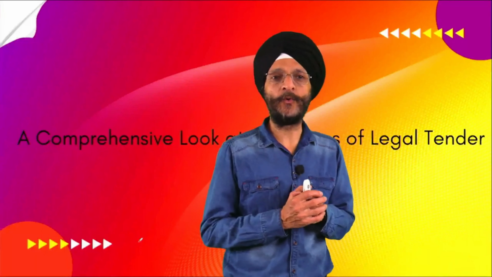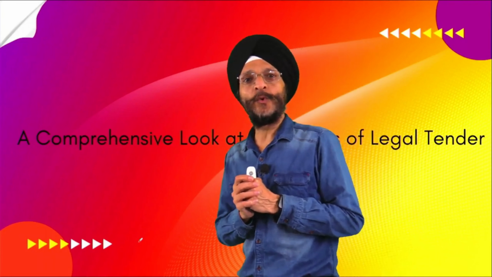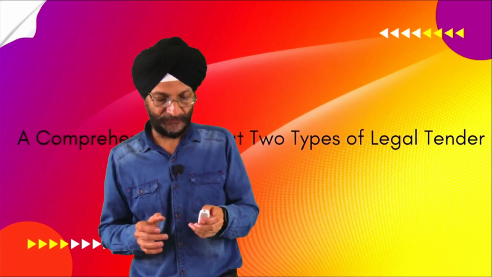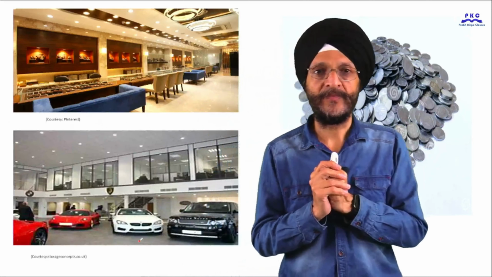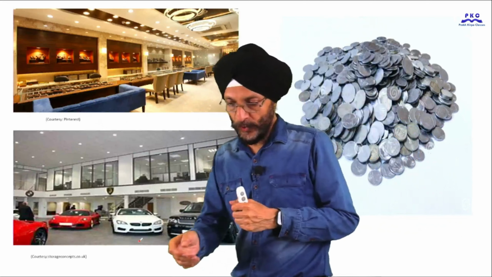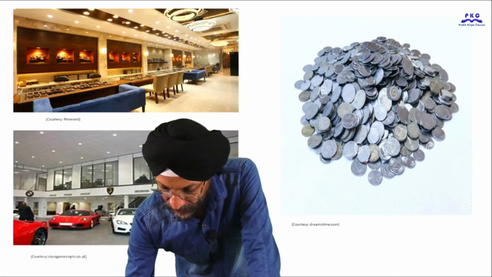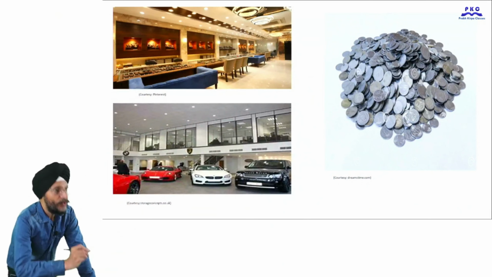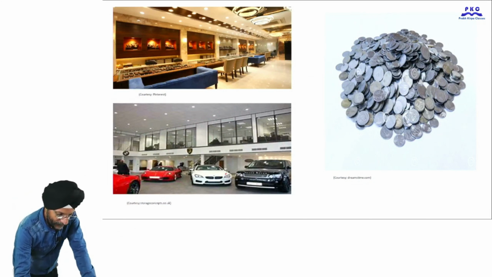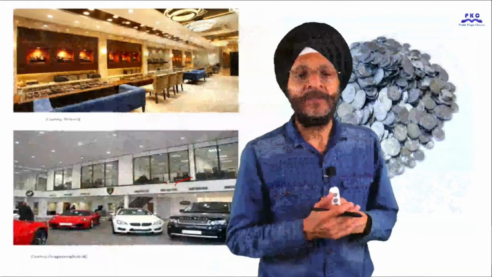Now the topic before us is a comprehensive look at two types of legal tender. We are living in India. Here you have before us the picture of a jewelry showroom and the picture of a car showroom.